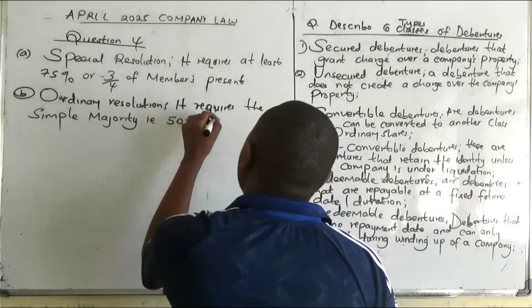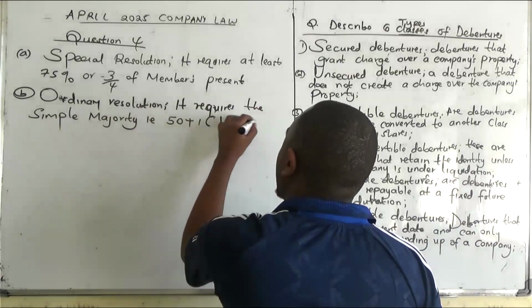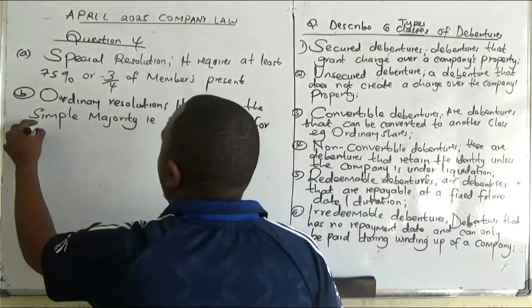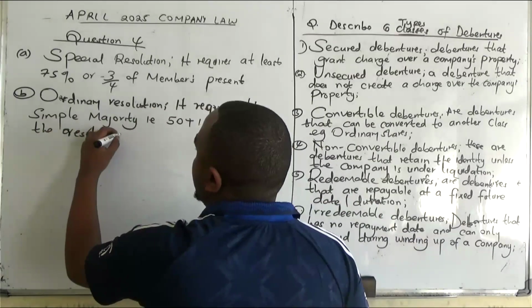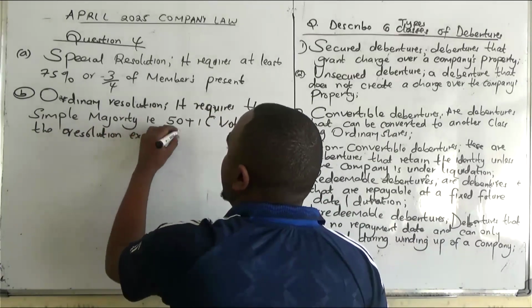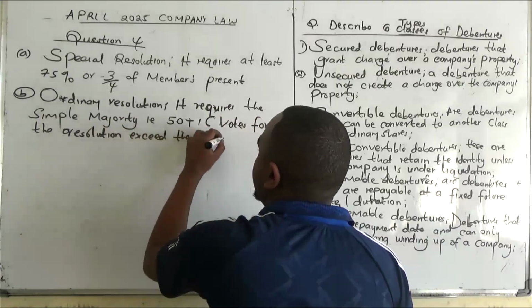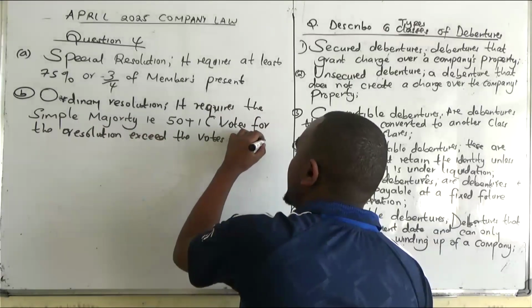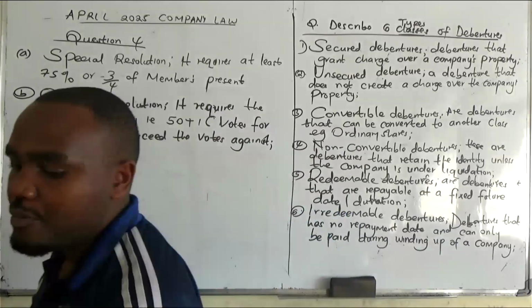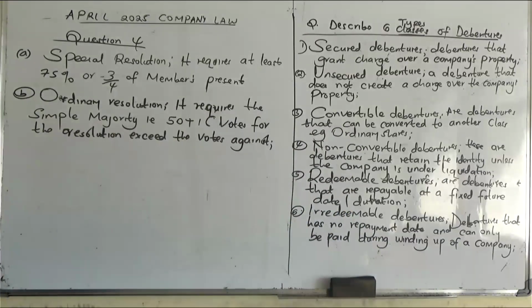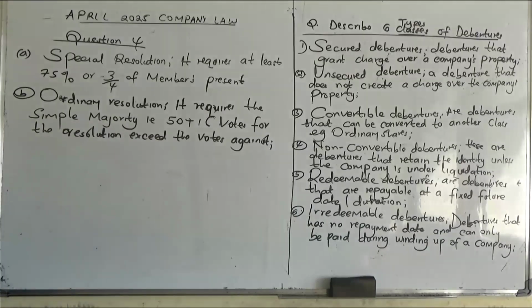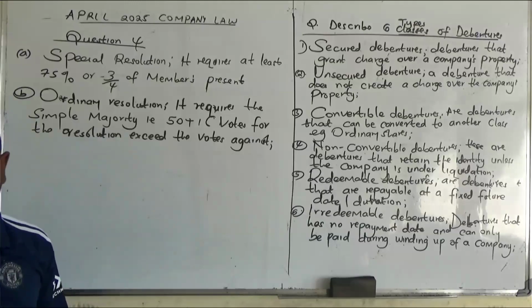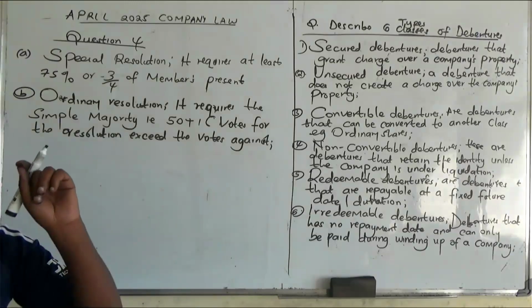In other words, the votes for the resolution exceed the votes against. And you give the type of resolution and its approval requirements. You can even add the ordinary resolution requiring special notice. Ordinary resolutions requiring special notice, you have them. It requires at least 28 days. So that is its approval requirement.